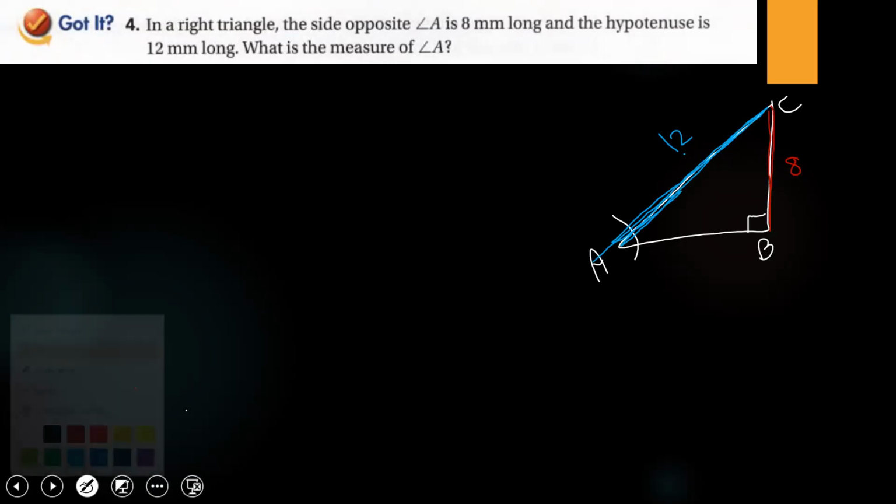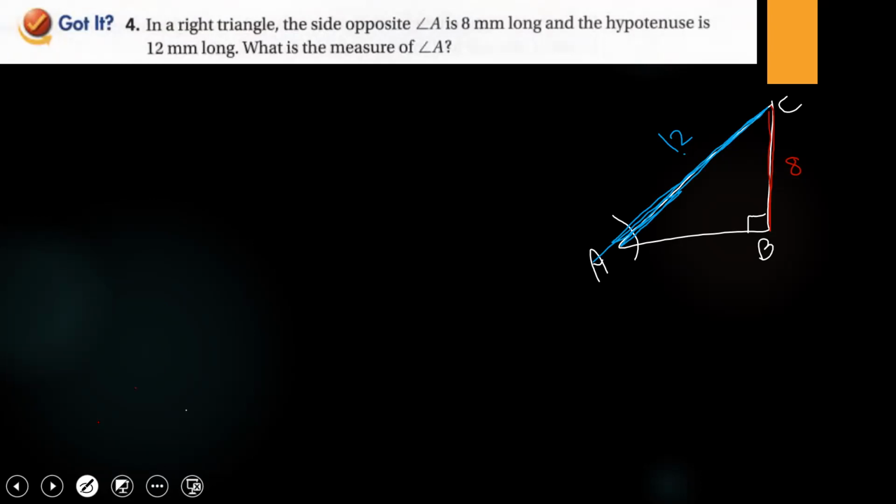Now, the first step here: we know that the measure of the angle B is 90 because I am talking about a right triangle. Now let's find the measure of angle A. How do I find it?